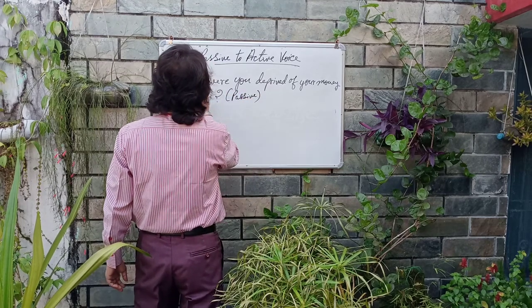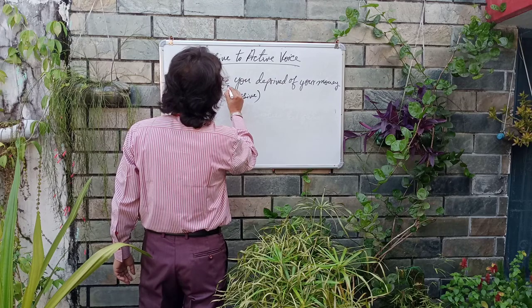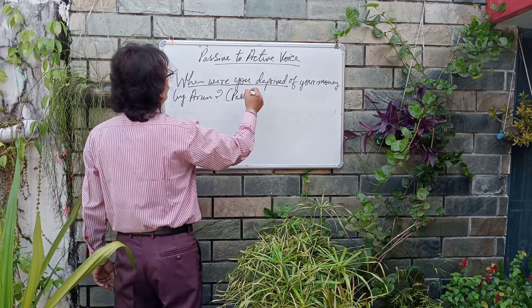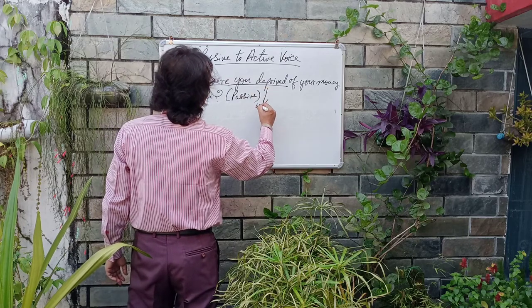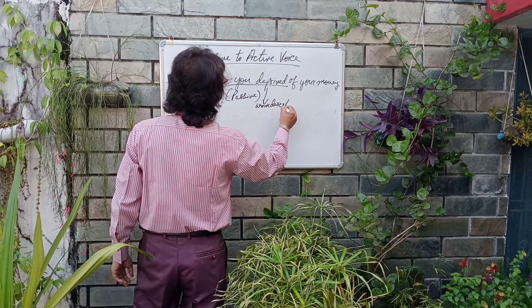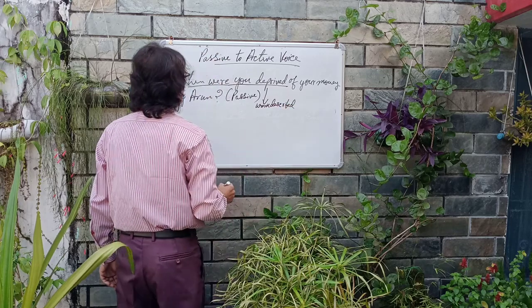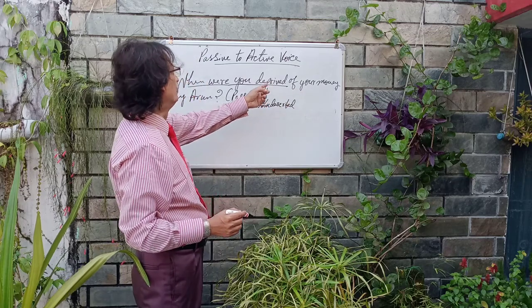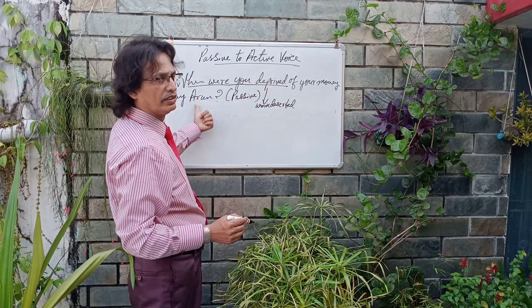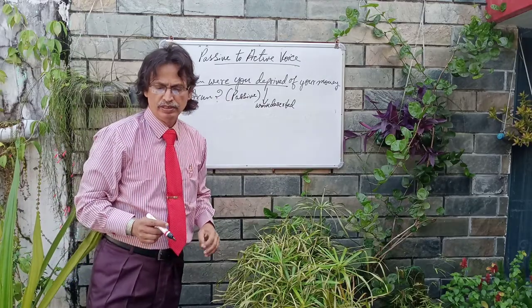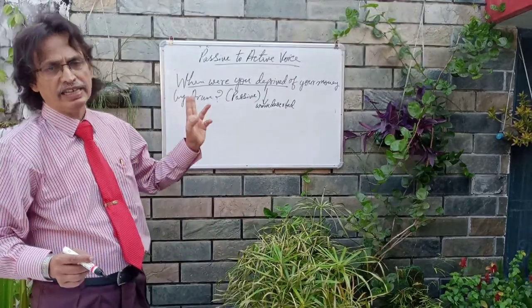Because the work is when were you deprived. First of all, the work is described. And the agent of the work is coming later, by Arun. So it is a passive voice. Agent of the work is later.